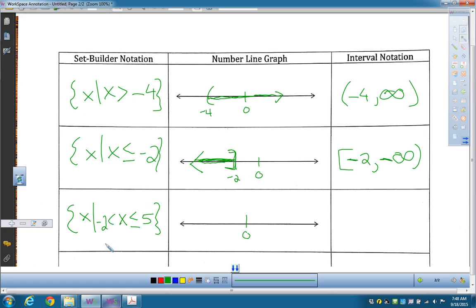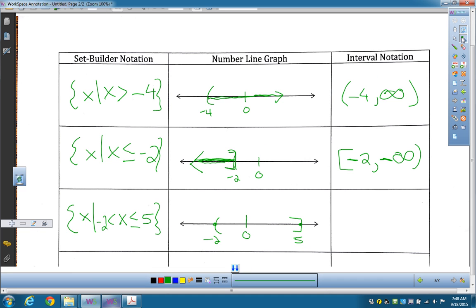What does that mean? Jessica? It means x is between those two numbers. That's all that means. It's between those two numbers, but this 5 is included in the answer. And the way you represent that on the number line, you put a curvy bracket on -2, and then you'd go up to +5 with a rectangular bracket. Put like 5 there, and then I'm going to shade in between.